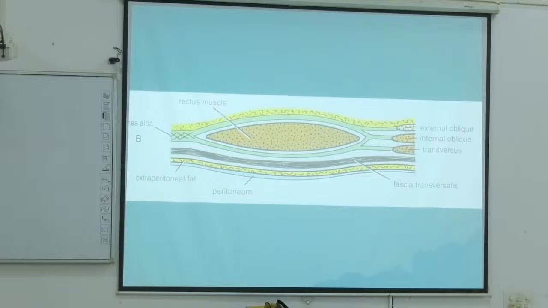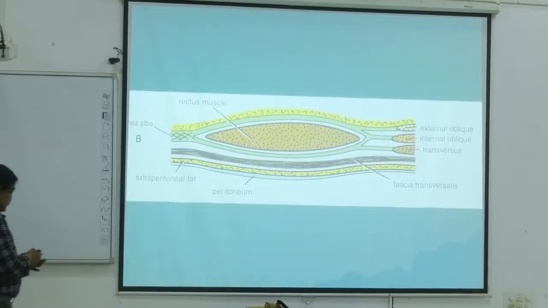Actually previously, whatever the type of operation, if it was a huge mass then you had to make a big incision: right paramedian incision, median incision, left paramedian accordingly.